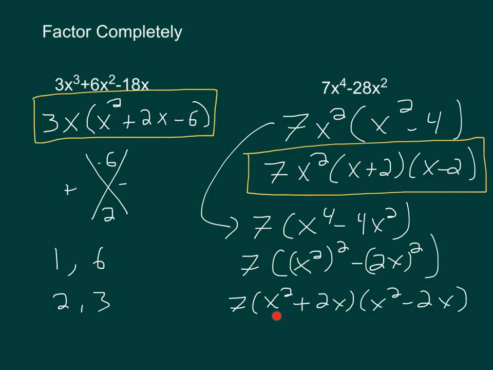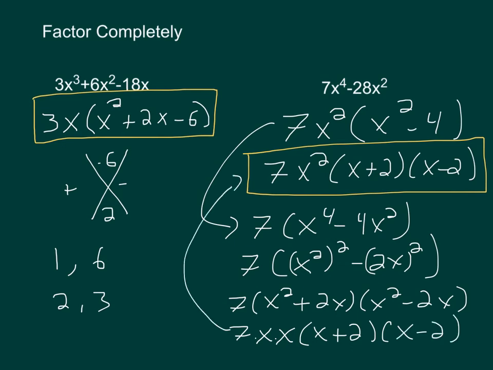Then, from each of these, we'd have a common factor of an x, and that's where we would end up getting 7 times x, and leave behind x plus 2, x minus 2, which would eventually bring us back to my answer. Certainly that way is more convoluted, but if we don't pick the right way to factor it at first, we can always get where we need to go as long as we continue to factor completely. And so that's what you would need to do there.